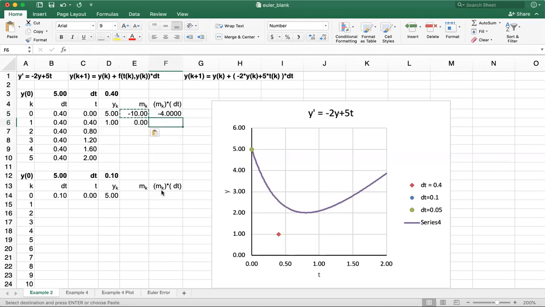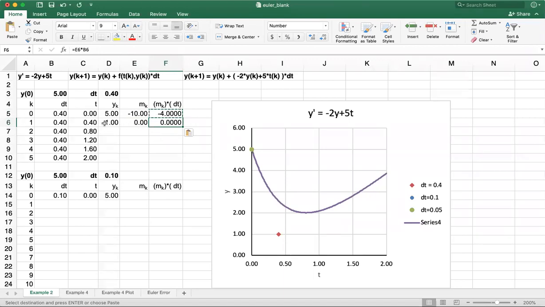So the next slope happens to be 0. Okay, so I'm going to copy my slope times dt, and then I'm going to paste it in. Of course, if you take the slope of 0 times delta t, you're going to get 0 again. Okay, so I can just copy the previous cell and paste it, copy the previous cell and paste it, because I now put those formulas in.